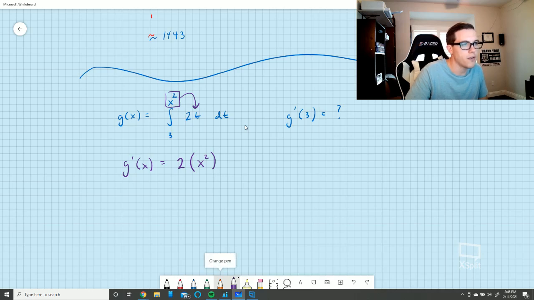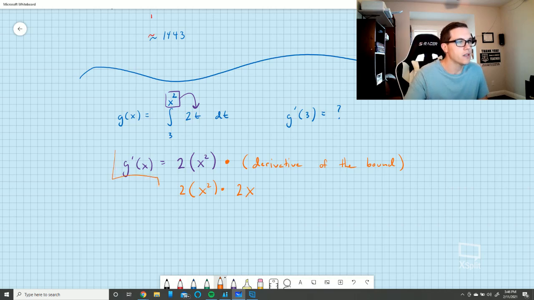But here's what you need for the homework. You need to multiply by something. It's kind of like the chain rule. You have to multiply by the derivative of the bound. So in other words, it would be 2 times x squared times the derivative of the box, 2x.